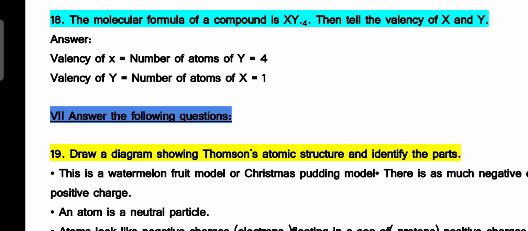So valency of Y will be the number of atoms of X and that is 1. So just here what you have to follow is exchange the number of atoms and write the valencies.